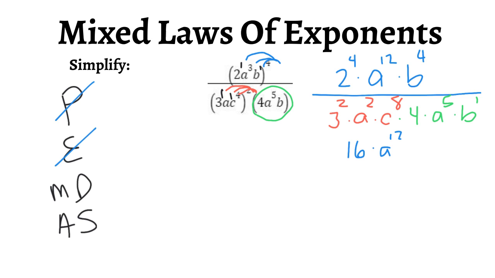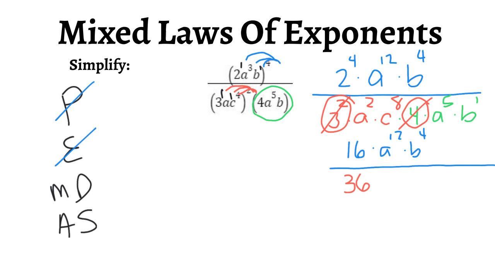A to the 12, b to the 4. And on the bottom, I want to combine like terms. So I have this is a number, and this is a number. 3 squared is really just 3 times 3, which is 9. And 9 times 4 is 36. You can also just put 3 squared times 4 in your calculator, and you will get 36.